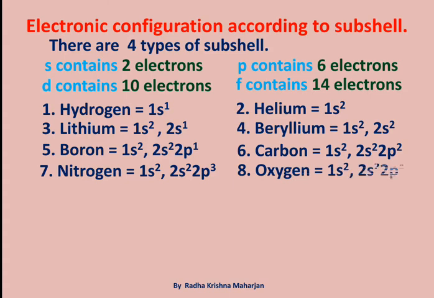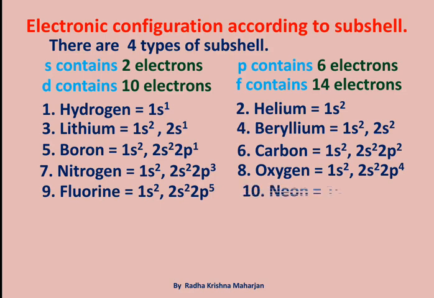8. Oxygen 1s2 2s2 2p4. 9. Fluorine 1s2 2s2 2p5. 10. Neon 1s2 2s2 2p6. 11.